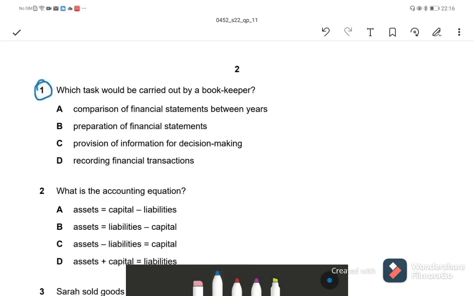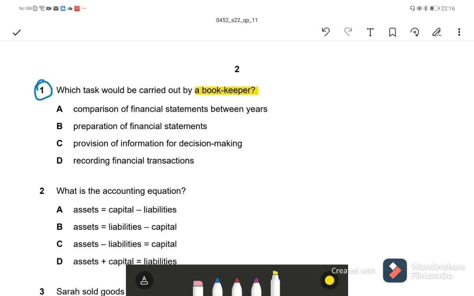Question number 1. Which task would be carried out by a bookkeeper? Given options are comparison of financial statement between years. Here the question is the task of a bookkeeper. Bookkeeper means entering all the financial transaction or recording the financial transaction.